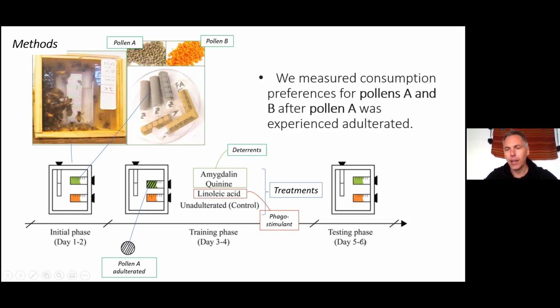On day 5 and 6 of the experiment, we moved to the testing phase. Again, pollen A and B were offered unadulterated, and we measured the consumption preferences of the cages.